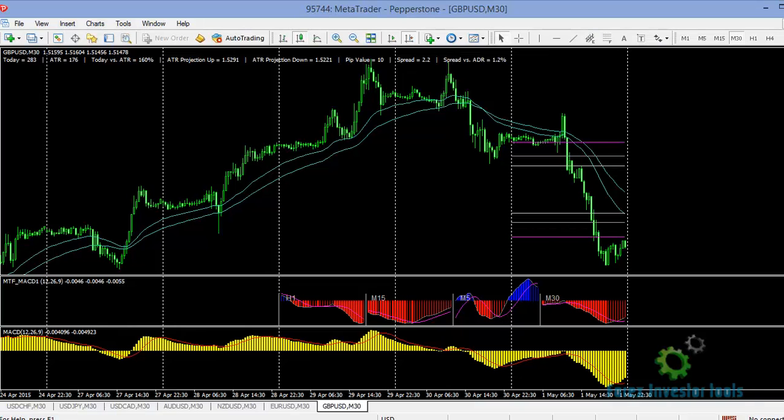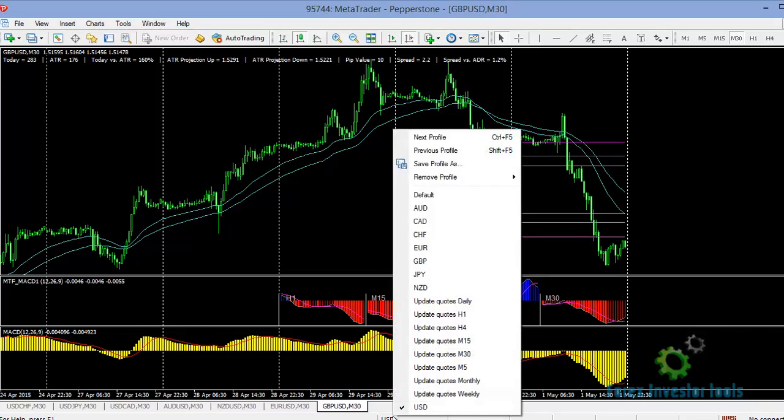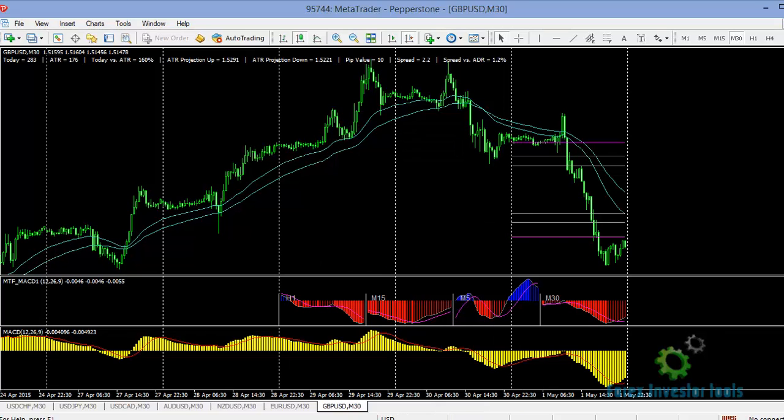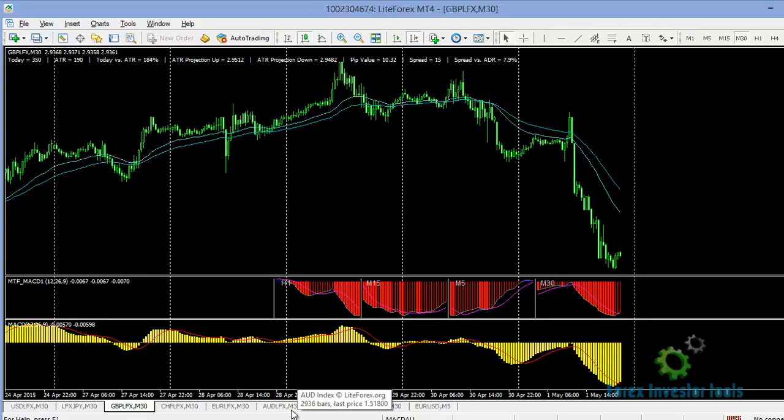Now, once that happens, here, this is the actual broker that I would be placing my trade on, and here you can see I've created profiles. These are profiles which I've created, which have the individual pairs which belong to that specific index. Now here, I've spotted a pullback on the pound, and I can see that the power meter is also weak.